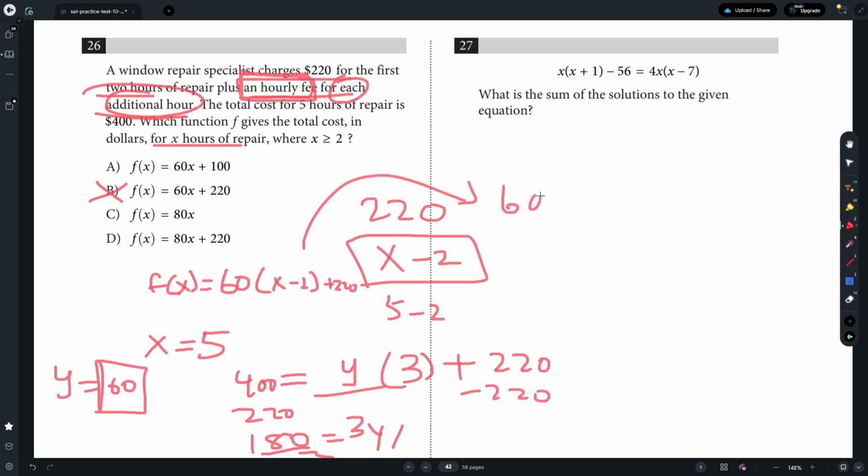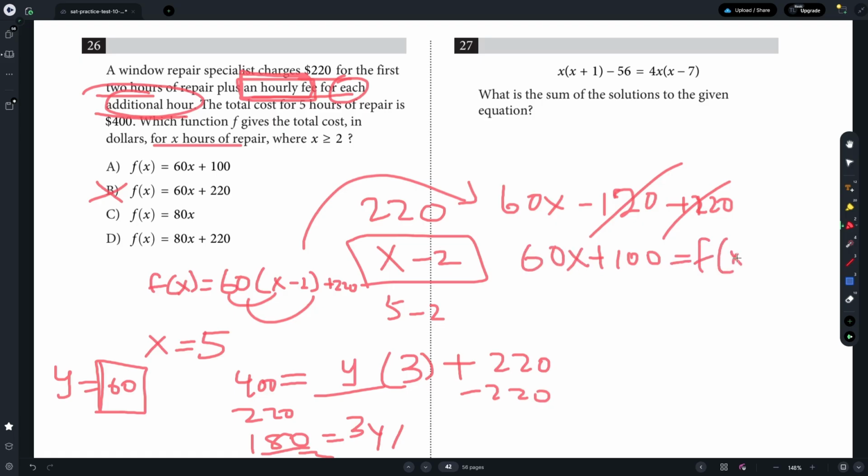Therefore, 60x minus 120 plus 220, because from distribution you can get 120, right? Cancel these, and you would get plus 100, and it'd be 60x plus 100 equals f of x. Therefore, the correct answer is actually A.